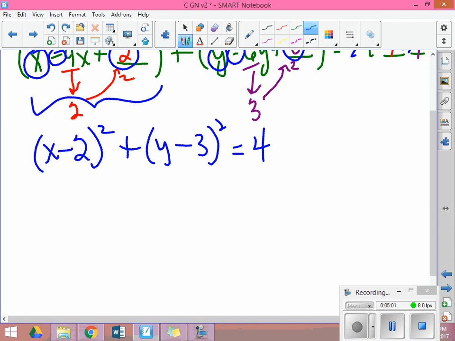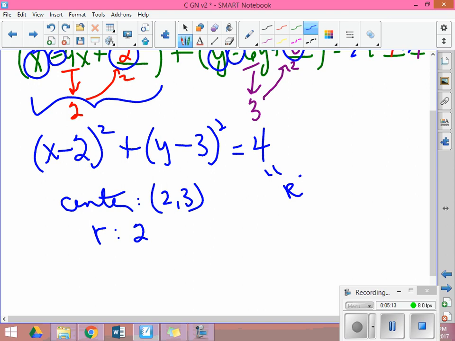So my center is at 2, 3, and my radius is 2, because remember, this formula equals radius squared. So if you're in regular geometry, you can stop your video. If you're in Excel, I will do the last example now.